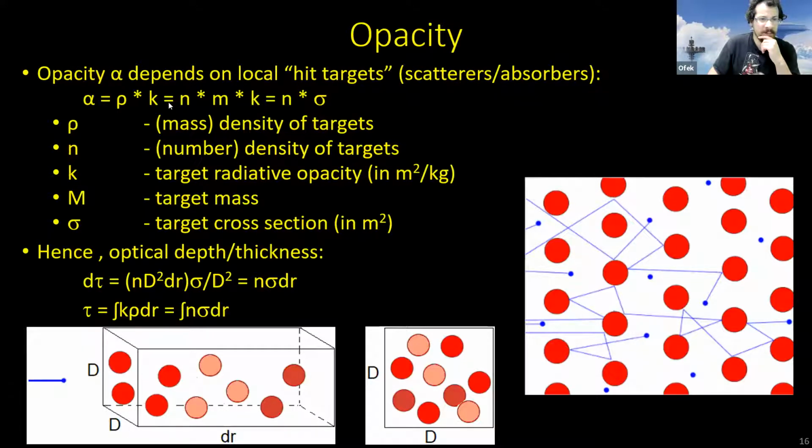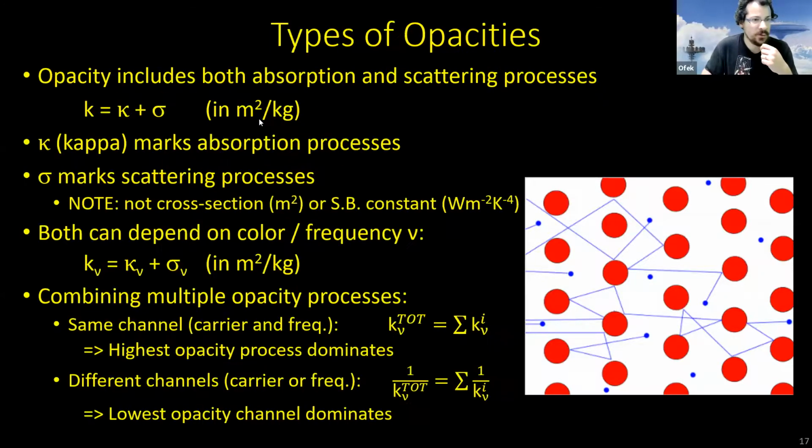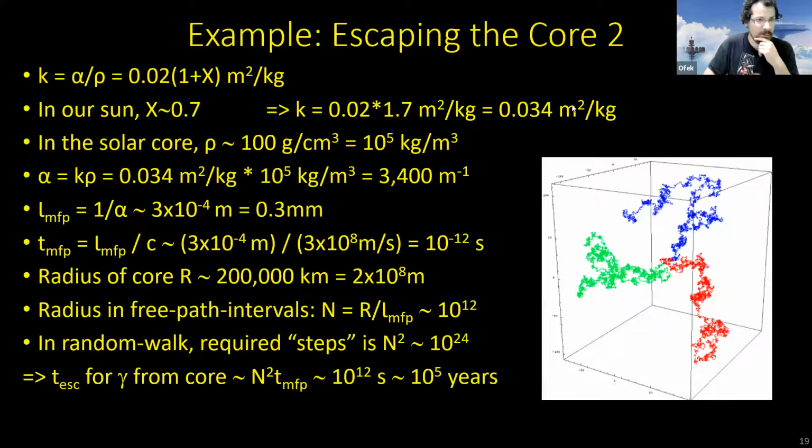M and K together will give you sigma. So K will be sigma divided by M. So sigma is the cross section, which is why you have meter squared, divided by M, which gives you the kilogram. So it takes all of the properties of the target: the cross section divided by the mass.